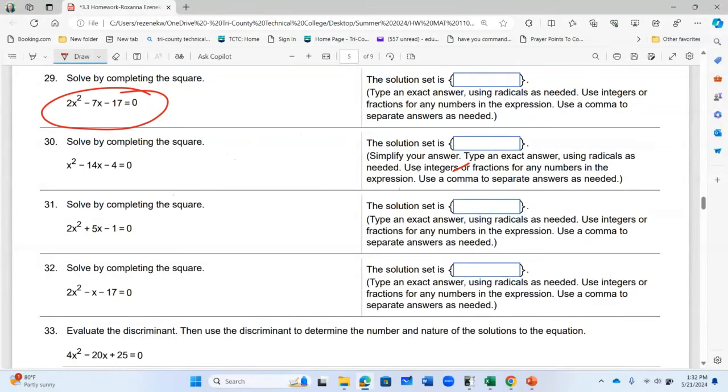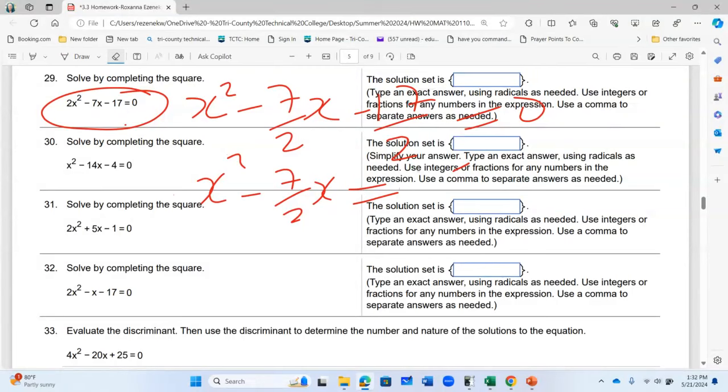So I have x squared minus 7 over 2 x is equal to, it is minus on the left hand side, the right hand side will be positive, plus 17 over 2.